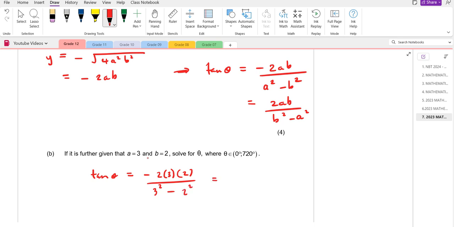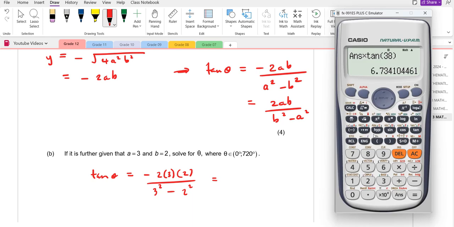So let's work this out: fraction, put a negative, 2 times 3 times 2 divided by 9 minus 4, right? So that's minus 12 over 5.